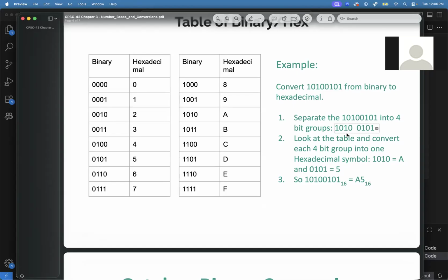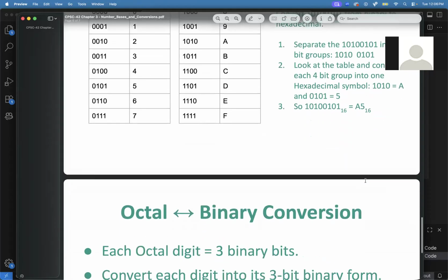And so we split it into two, 1010 0101, and then you look up each one. So the 1010 is A, and then the other one, 0101, is 5. So that is A5. Easy as that.